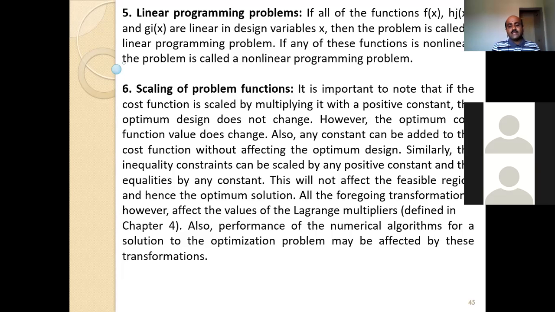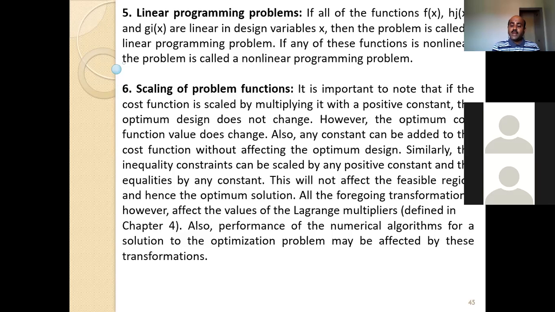And the last point we discuss here is scaling of problem functions. It is important to note that if the cost function is scaled by multiplying it with a positive constant, the optimum design does not change. However, the optimum cost function's value does change. Also, any constant can be added to the cost function without affecting the optimum design.